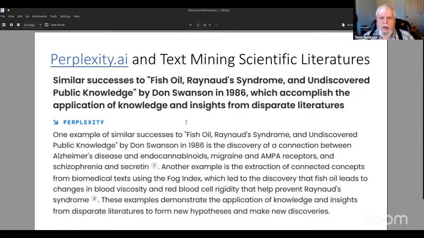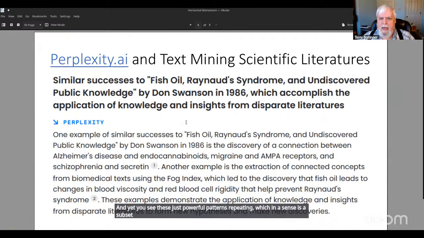The cross-disciplinary patterns, the siloing completely masks these. And yet you see these powerful patterns repeating, which in a sense is a subset of the whole concept of mathematics. That's what mathematics is about: you find the patterns that underlie these disparate areas. And in doing so, you find out, oh, even though they seemed unrelated, there is a connection.